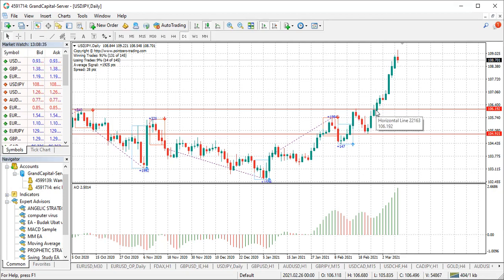That's how we can say that USD is still on a bullish trend, and we cannot say that it's a good time to make a short. We are still buying USD.